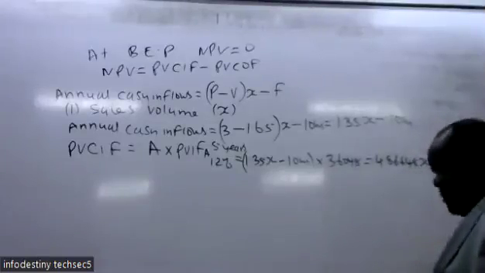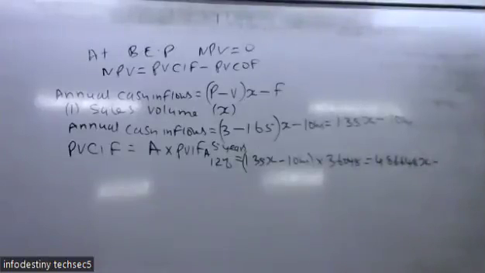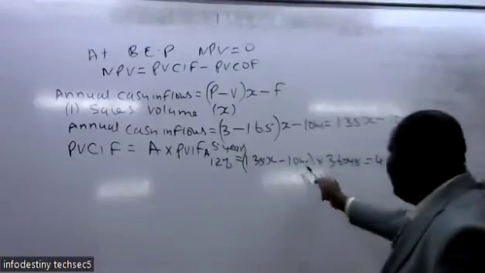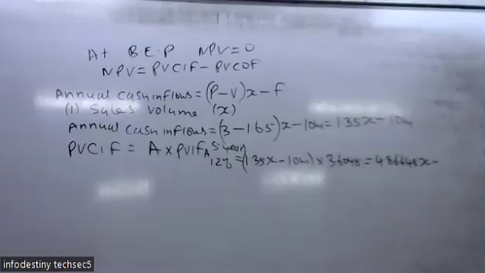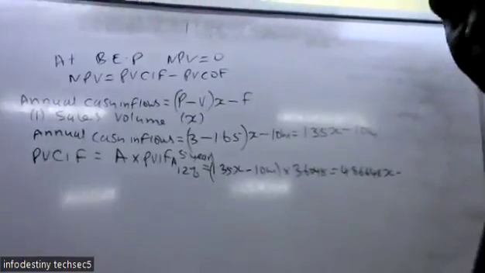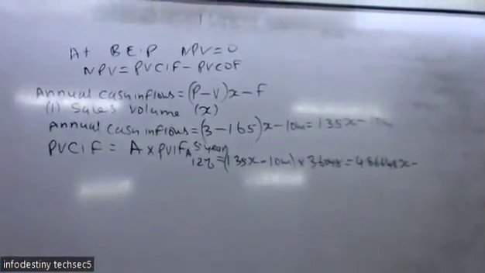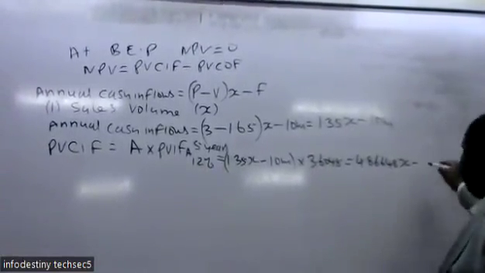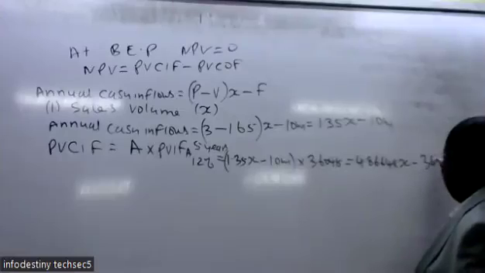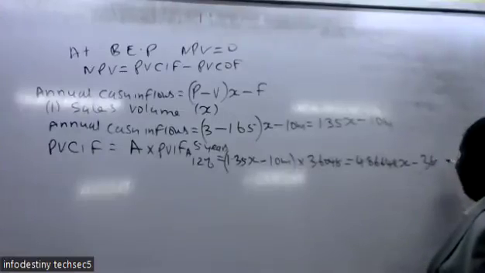Then we subtract: when you multiply 10 million by 3.6048, it will be 36.048 million.